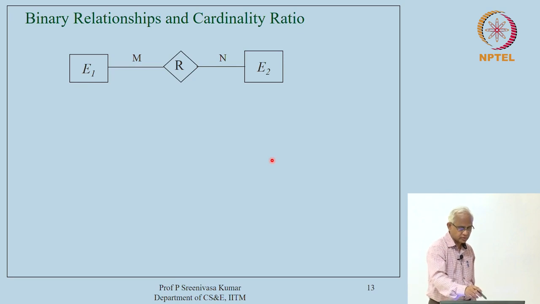It is denoted by numbers on the lines connecting the entities to the relationship. This is binary because two entities are connected with the relationship type R. I use relationship type and relationship interchangeably, but we will often be talking about relationship types.